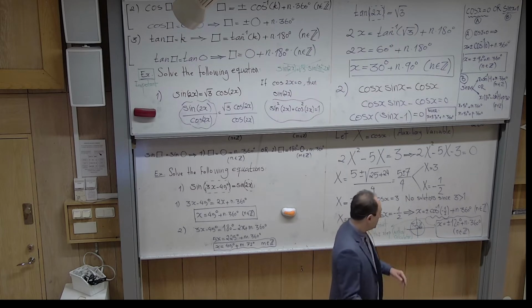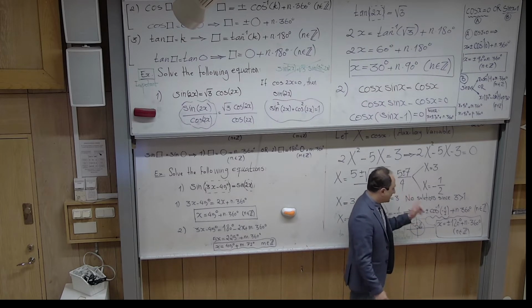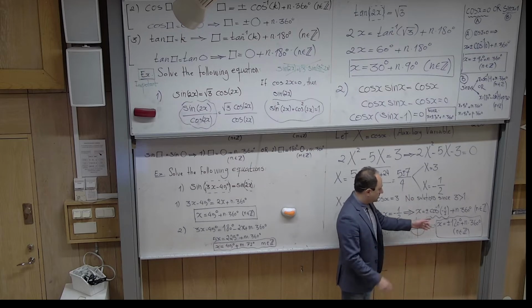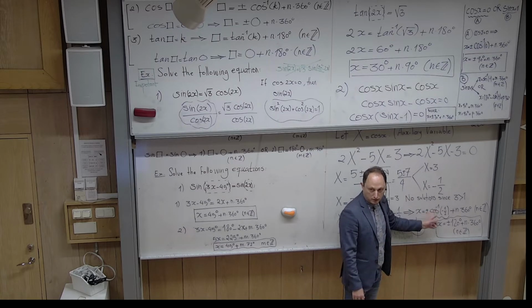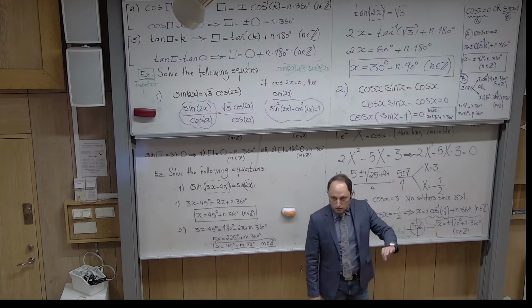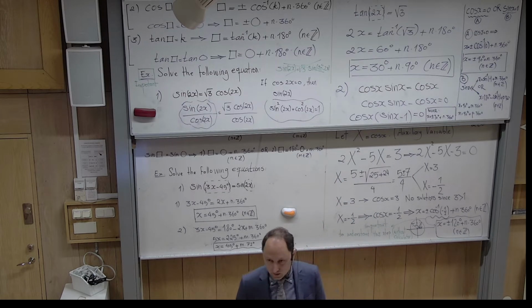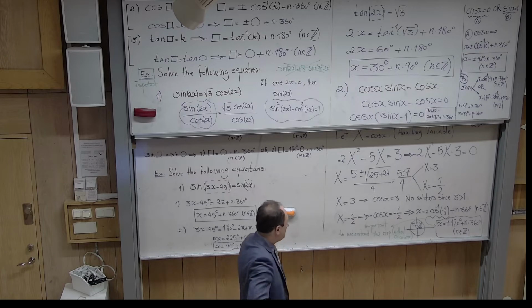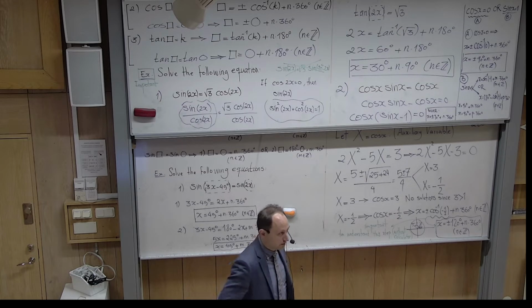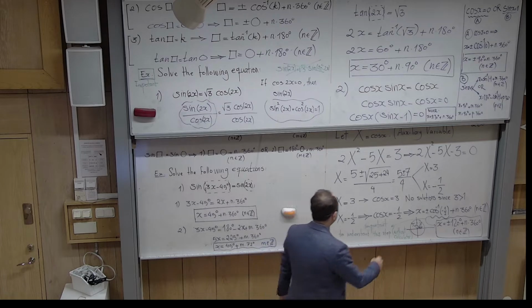But assume that it is mentioned that you are not allowed to use the calculator and to answer exactly. Then this is the way you have to do it. So you have to visualize, otherwise you will not be able to do it. Any questions?